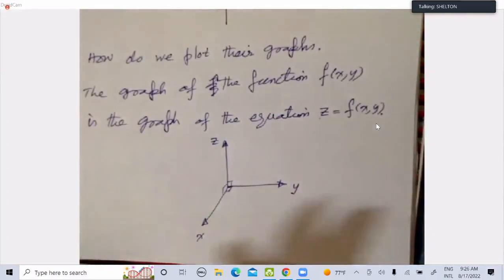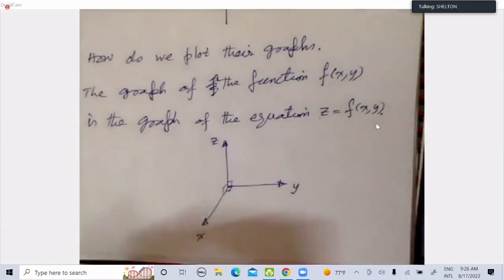When you visualize three-dimensional space, like the two-dimensional xy plane, it is the three-dimensional x, y, z coordinate system.